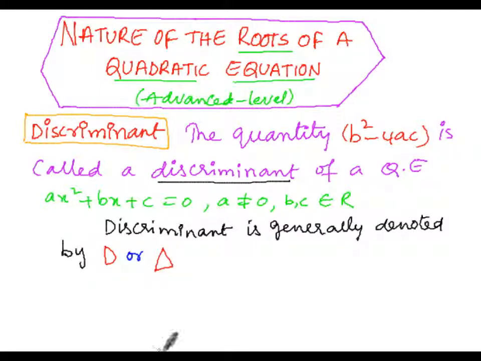So this is the delta. D or delta indicates the symbol of the discriminant, which is given by b square minus 4ac. Therefore we can write D is given by b square minus 4ac.